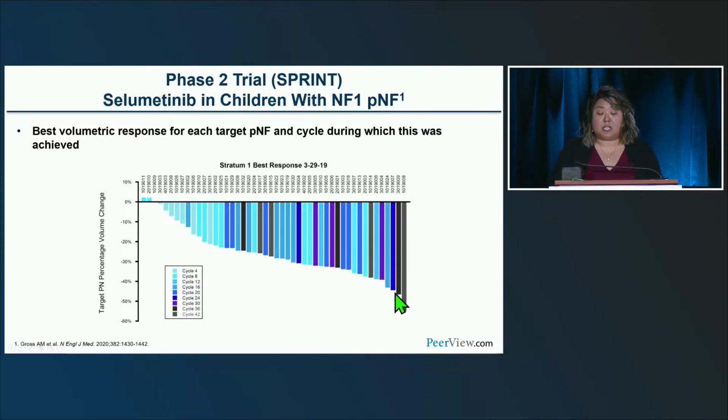And the colors here indicate length of treatment. The darker colors typically indicate kids who have been on treatment for longer. And so you can see the longer that the kids have been on selumetinib, it looks like the greater response that they were having. And perhaps some of these that didn't have a partial response were deemed as stable, maybe haven't been on the medication as long.